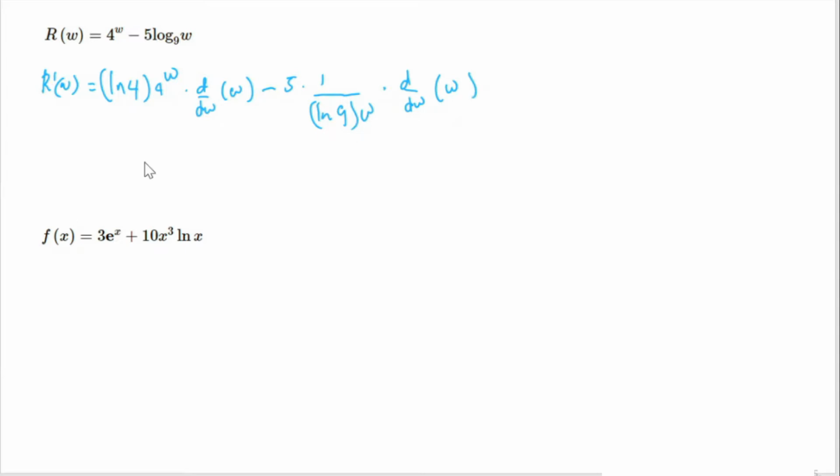Okay, so simplifying this, we can write now as ln of 4 times 4 raised to w times the derivative of w, which is just equal to 1, minus 5 times 1 is 5 over ln of 9 times w times the derivative of w, which is just equal to 1. So therefore, the final answer will be ln of 4 times 4 raised to w minus 5 over ln of 9 times w.